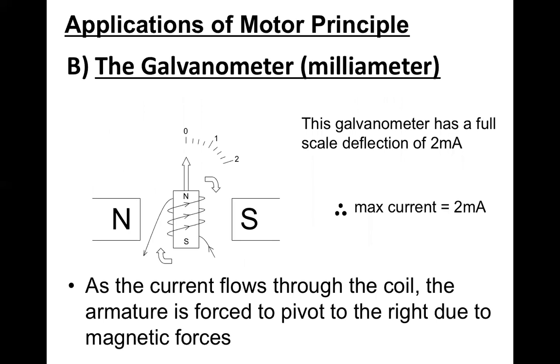Another application is called the galvanometer. So obviously for the loudspeaker, the purpose was to produce sound. For the galvanometer, the purpose is to measure the amount of current. So if you have a circuit and you want to know how much current is flowing through it, you would attach the galvanometer here and here, and that would divert, or bypass, the current into this coil here.